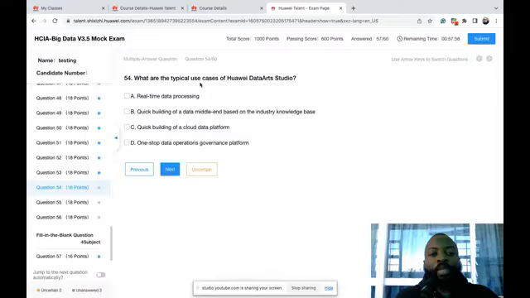What are the typical use cases of Huawei Data Art Studio? Real-time data processing, quick building of the data platform at scale, quick building of a cloud data platform, yeah.